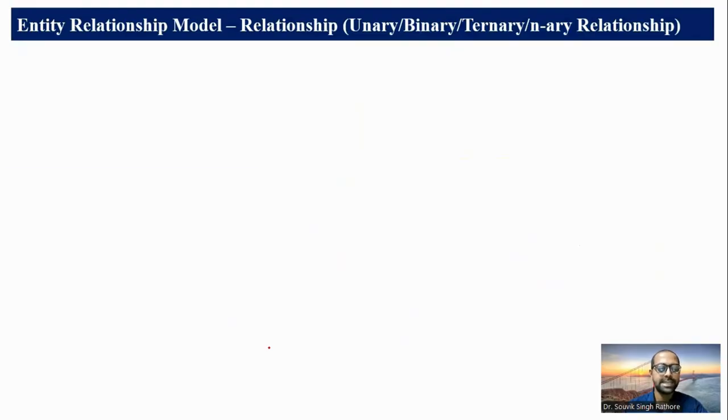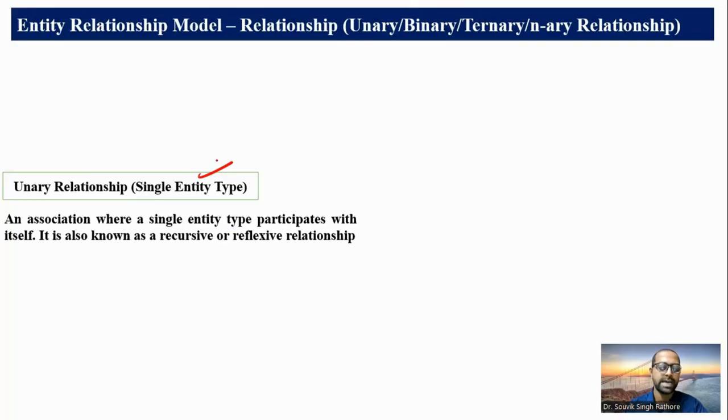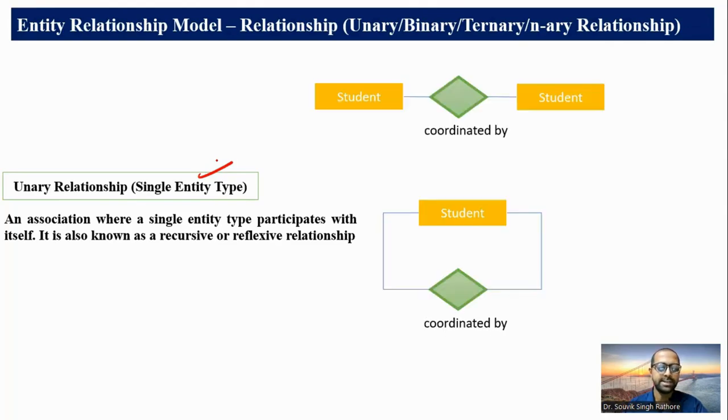First we will see the unary relationship, where only a single entity type is involved. Here only one entity type participates in a relationship. Since only one entity type is involved, we call it a recursive relationship or reflexive relationship. Let's understand this with the help of a beautiful example. Here student is there and a relationship called coordinated by.